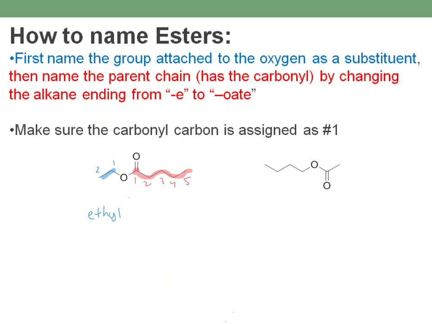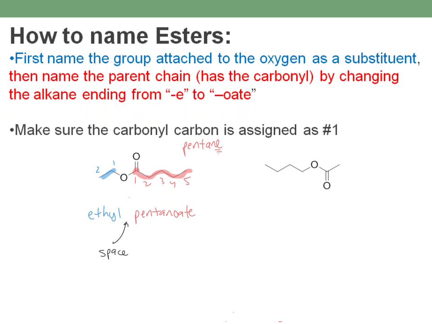I have a 1, 2, 3, 4, 5-carbon piece, which would be pent. So instead of pentane, I'm going to drop the E and change it to oate. This would be ethyl pentanoate. And I do want to note there is a space here. There are 2 separate words: ethyl space pentanoate.